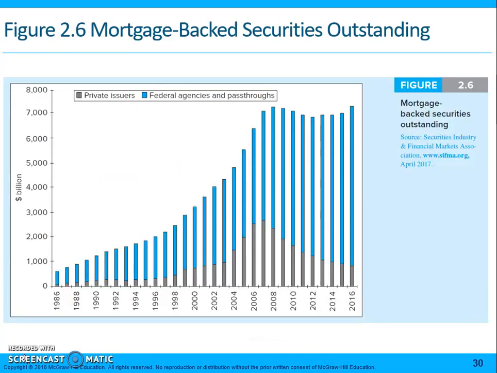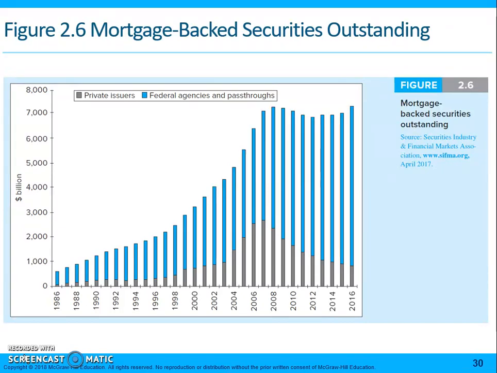This chart, figure 2.6, shows the mortgage-backed market back to 1986. We can see that the blue part is federal agencies, and the gray part is private issuers.